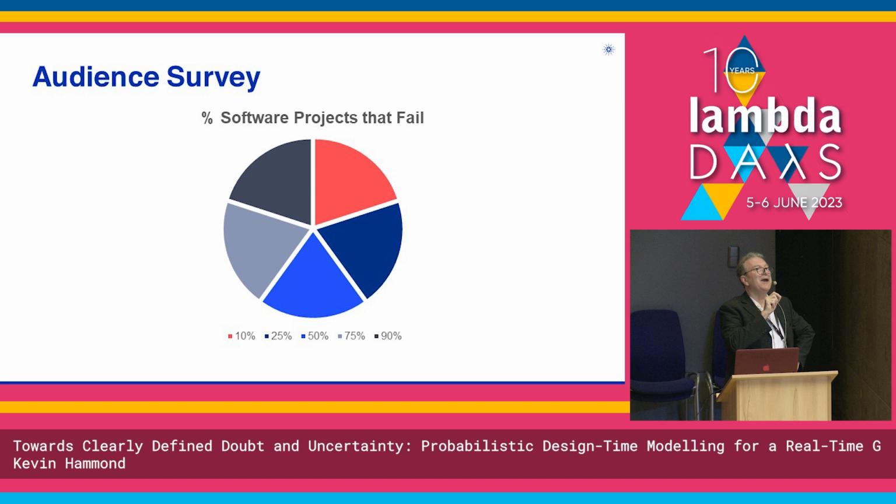Sounds about right. 75%? What a lot of pessimists. John, you've worked on Haskell, things don't fail. 90% or more? Ooh.